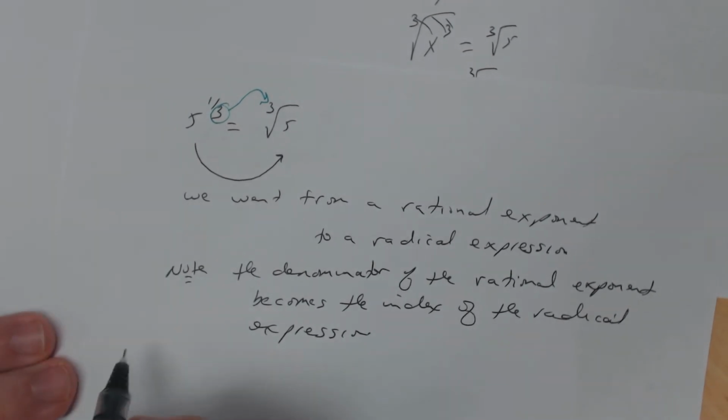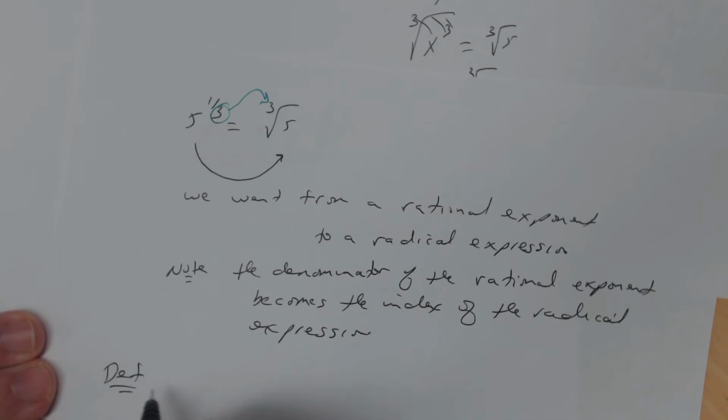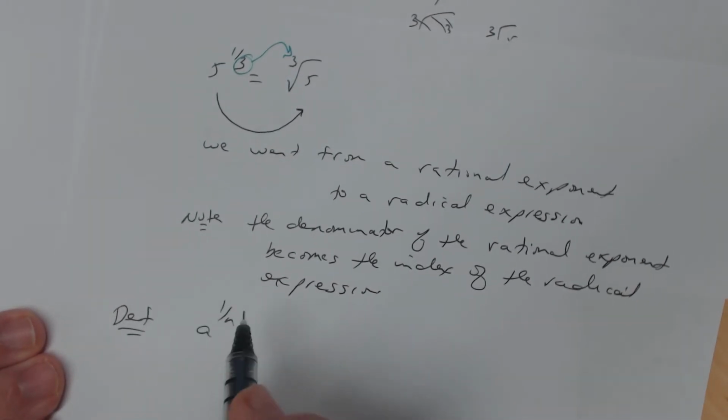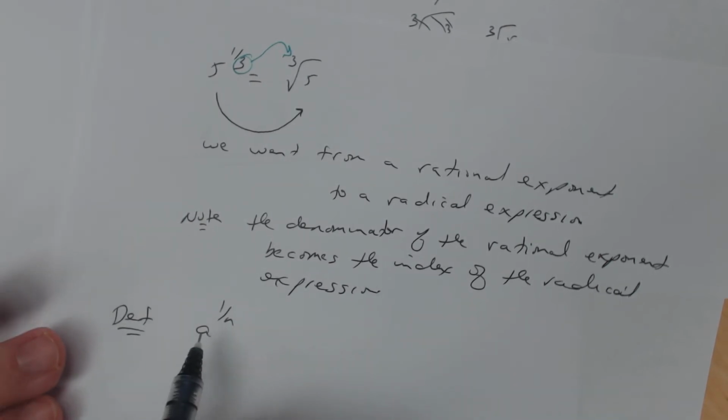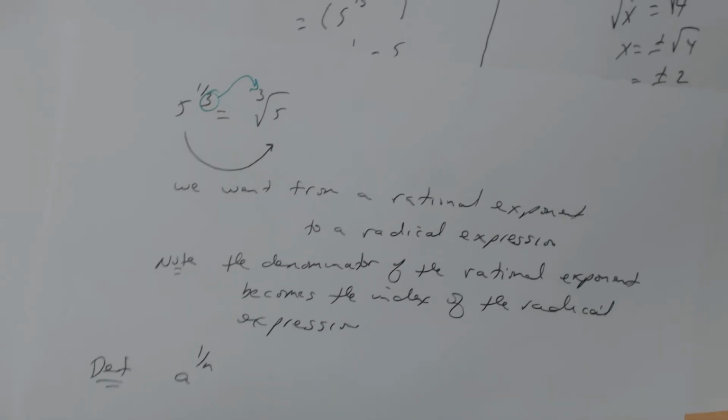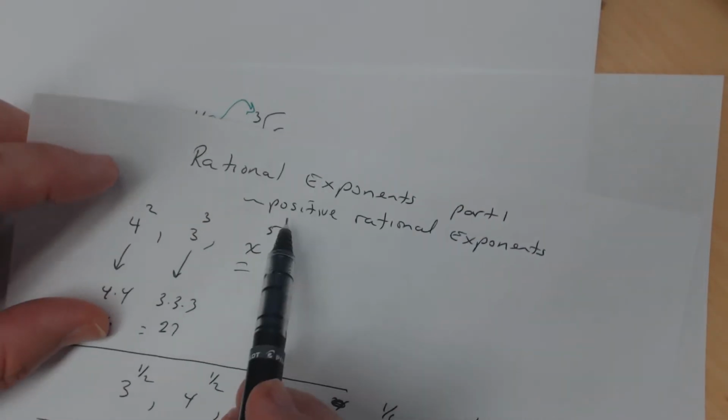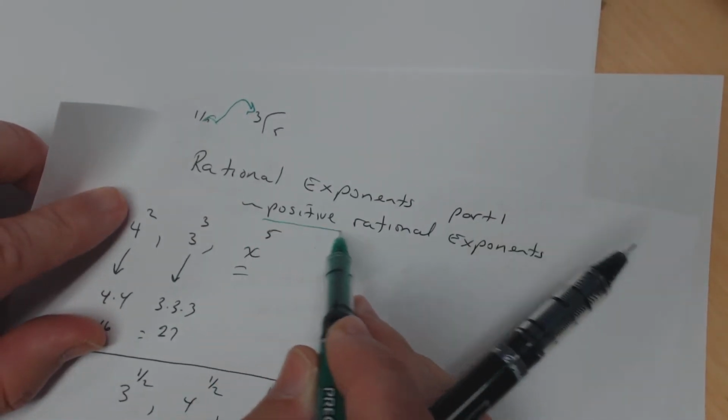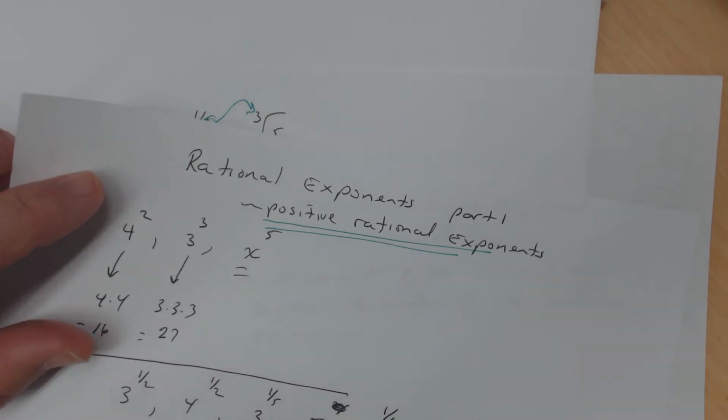So here's the definition I need for you to remember: the definition of a to the 1 over n. Remember, in this part we're assuming that we're dealing with a positive rational exponent.